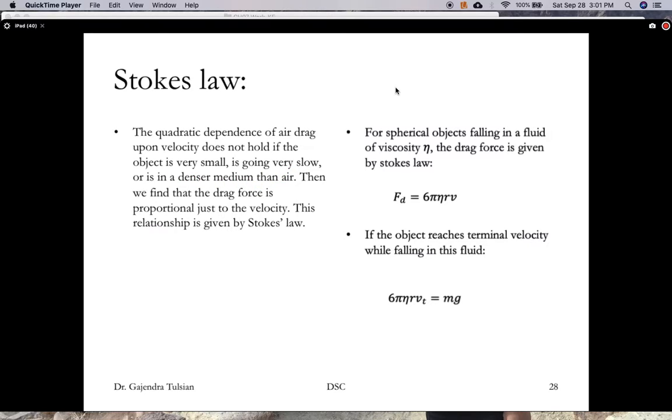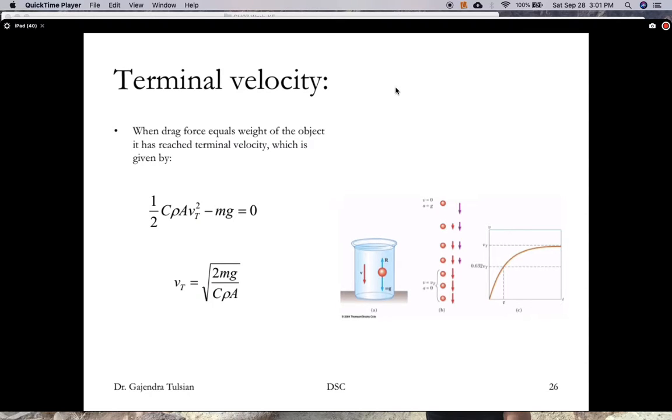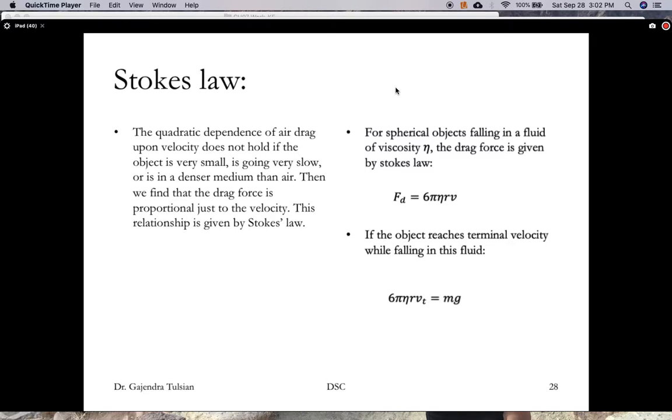So, for instance, an object falling in water or oil won't achieve great velocities, and that'll be slow speeds. In that situation, the drag force is proportional to the velocity, and this is Stokes' law.